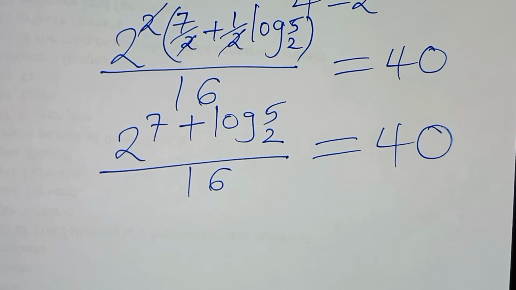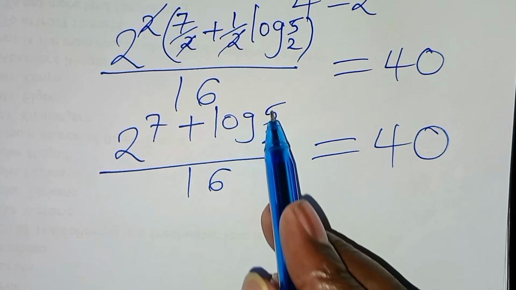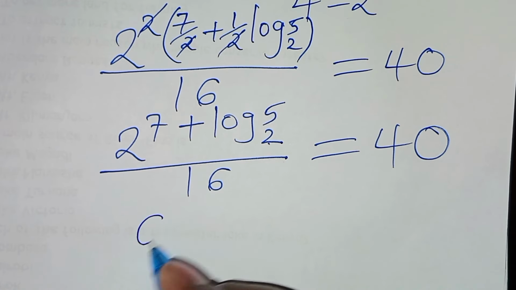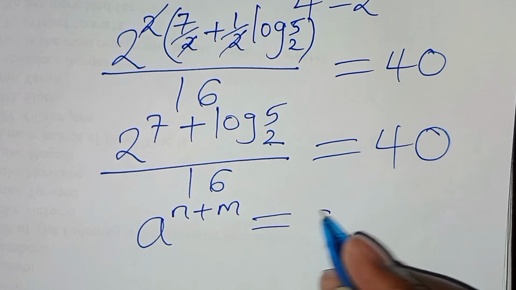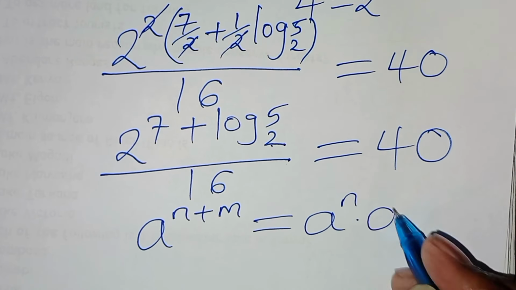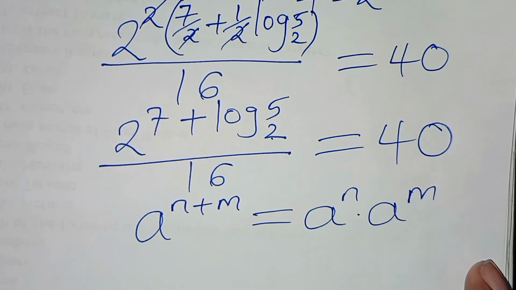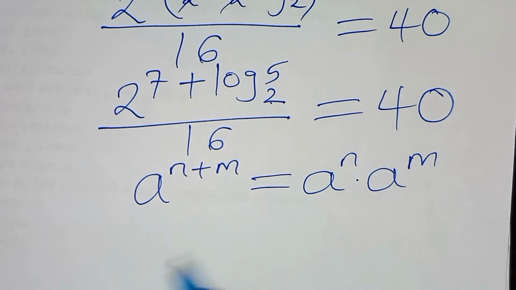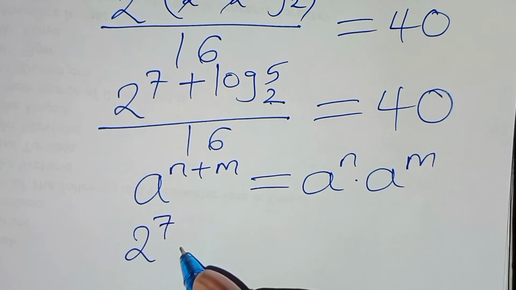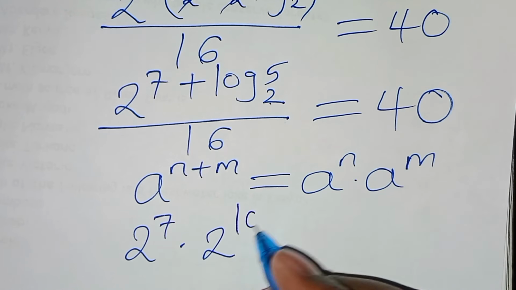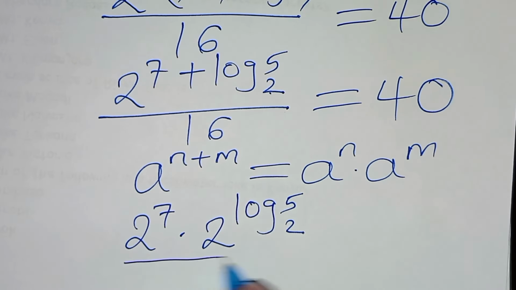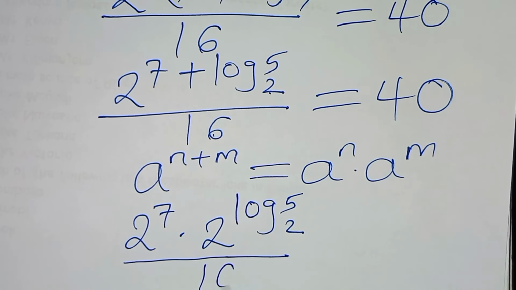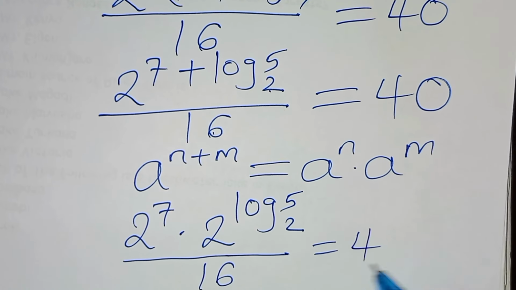The next step, we find that 2 to power 7 plus log 5 to base 2 is in the form of 8 to power n plus m, which we can express as 8 to power n multiplied by 8 to power m. Now we'll have 2 to power 7 multiplied by 2 to power log 5 to base 2, divided by 16, which should give us a value of 40.